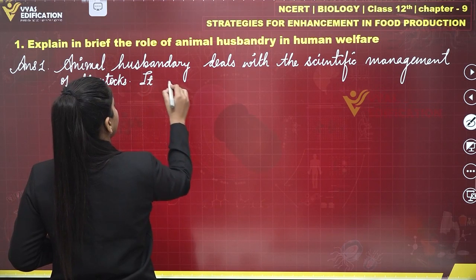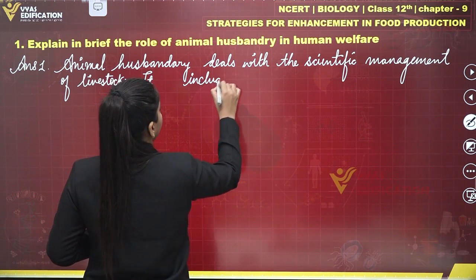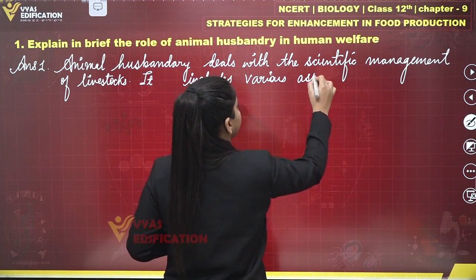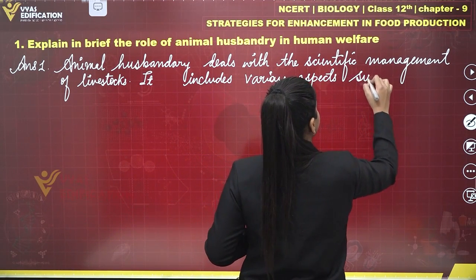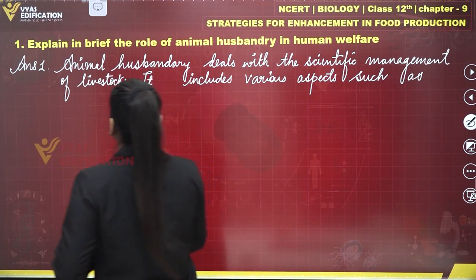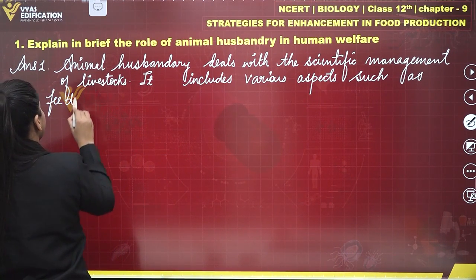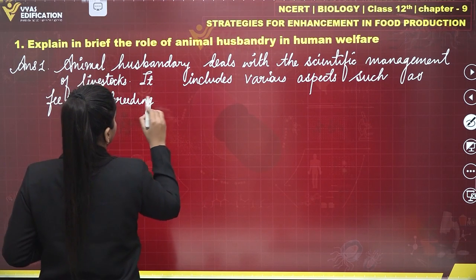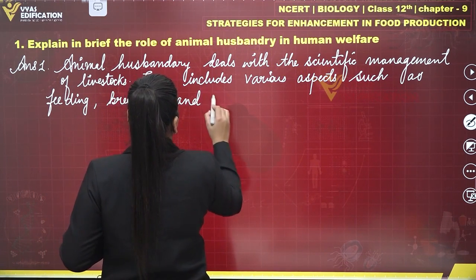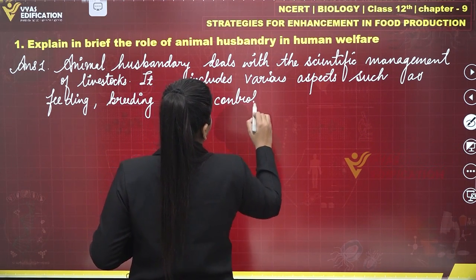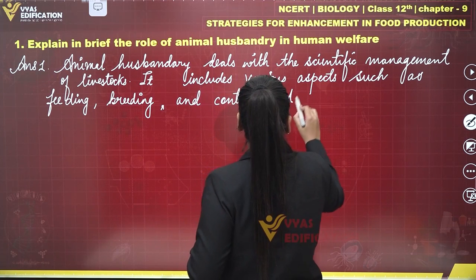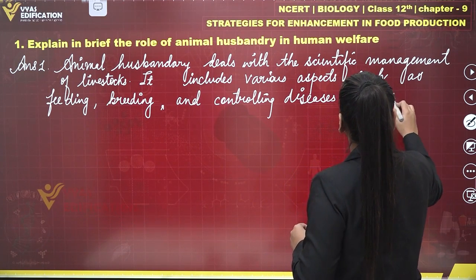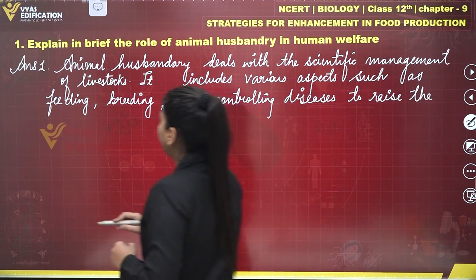It includes various aspects such as feeding of animals, breeding of animals, and controlling diseases, so that we can raise the population of animal livestock.